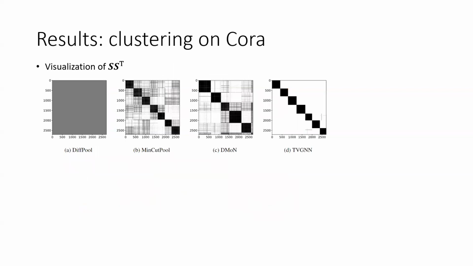Finally, we visualize the matrix S S transpose. Remember that S is the soft cluster assignment matrix. If the cluster assignments are sharp, we see a block diagonal structure in S S transpose. For DiffPool, the cluster assignments are extremely smooth. Basically, we have a situation like this where every node is assigned uniformly to all clusters.